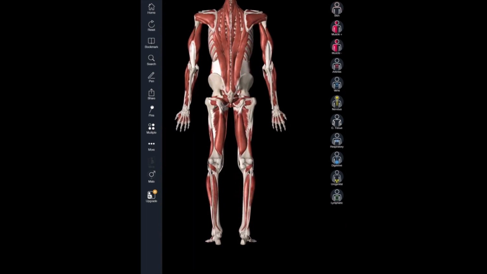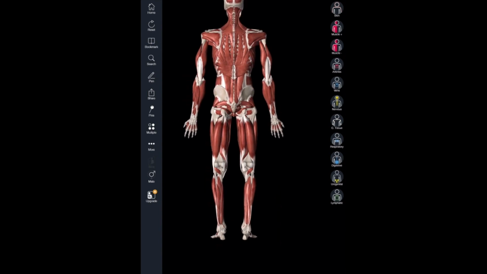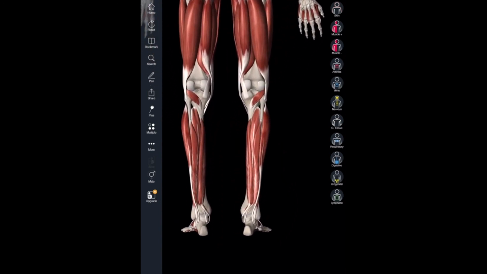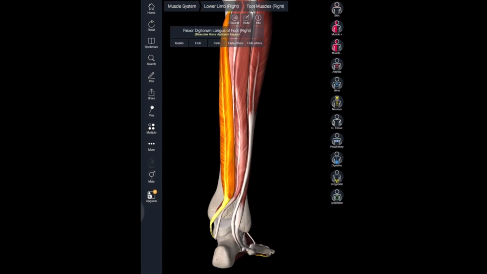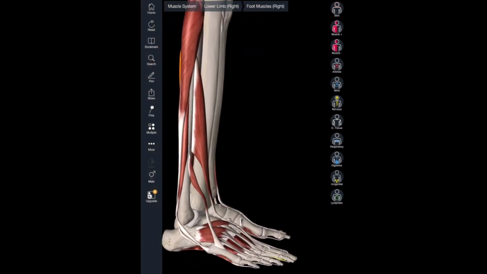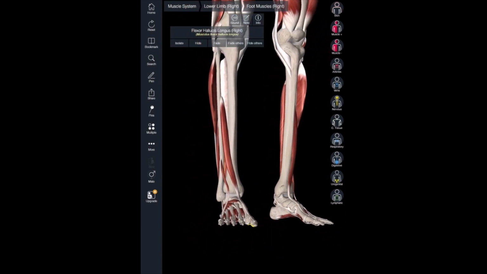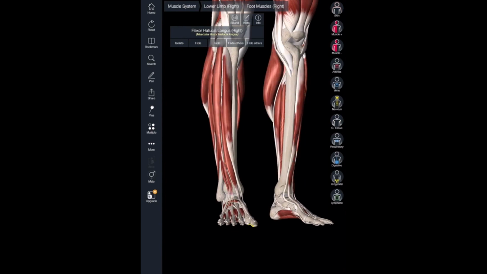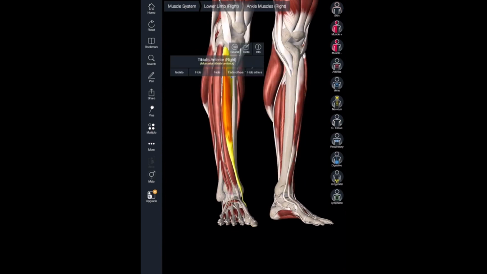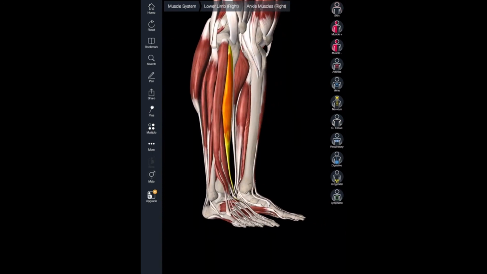Like these guys, the extensor digitorum longus and extensor hallucis longus also do plantar flexion, but they do more toe stuff. Anyway, plantar flexion as a group, those are muscles that do that. To counter that, dorsiflexion is done by tibialis anterior.